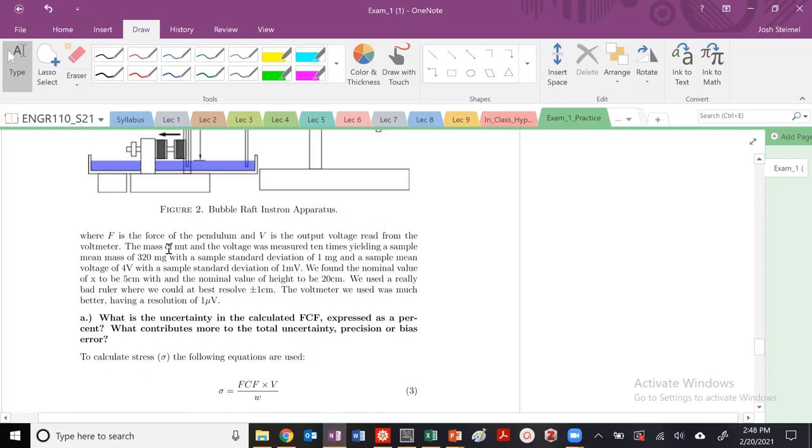Our x bar of the mass was equal to 320 milligrams with a sample standard deviation of 1 milligram. So S of m is equal to 1 milligram: mean mass here, standard deviation here, and the number of mass measurements is 10.